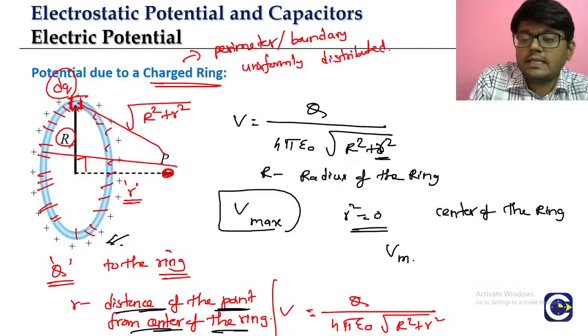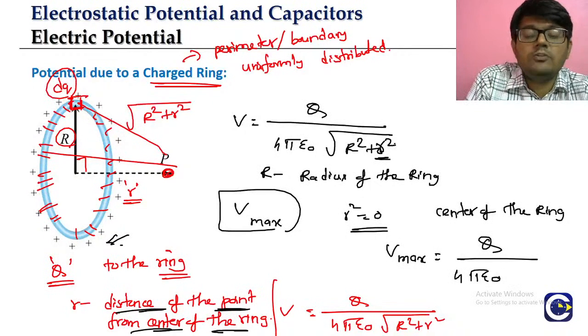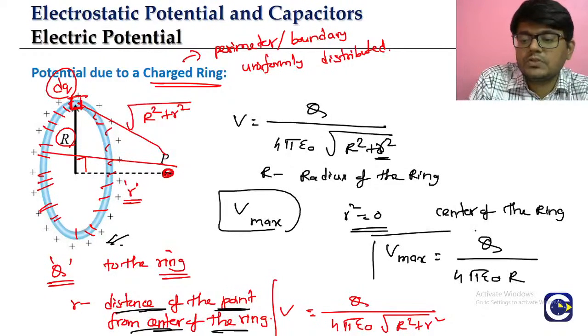At that point the potential is Q by 4 pi epsilon naught, with small r square equal to 0, leaving root capital R square, which is capital R. So this is the V max value.